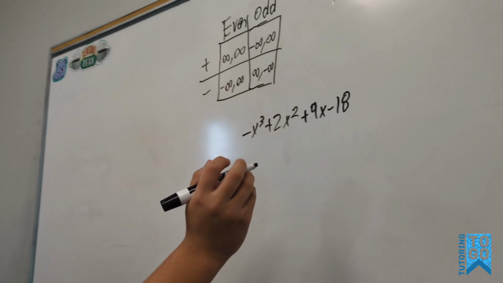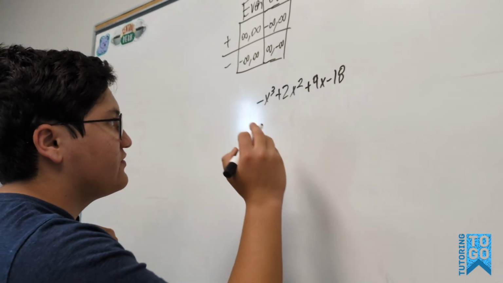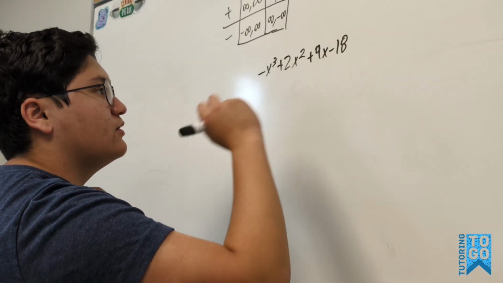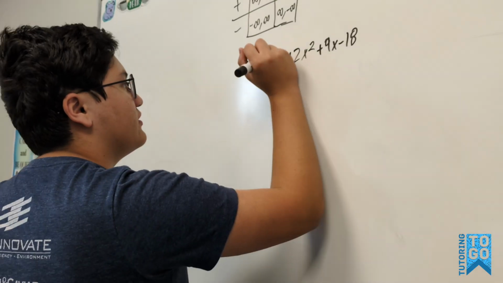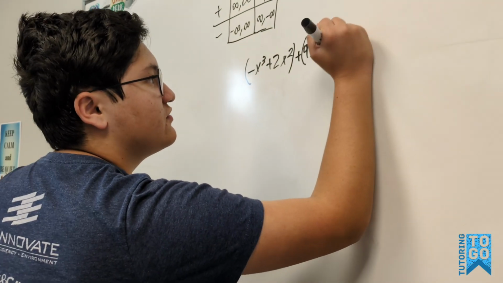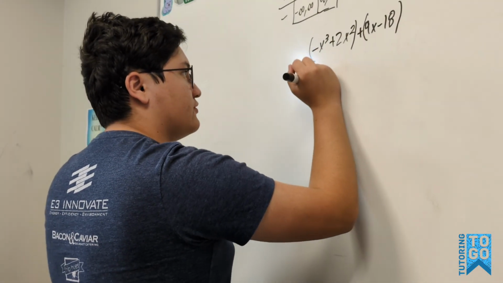We'll do finding the end behavior later because we're going to go straight to this. One thing is that we can't take out any greatest common factor from the whole thing. But what we can do is separate it into two parts, and from these we can take out greatest common factors.